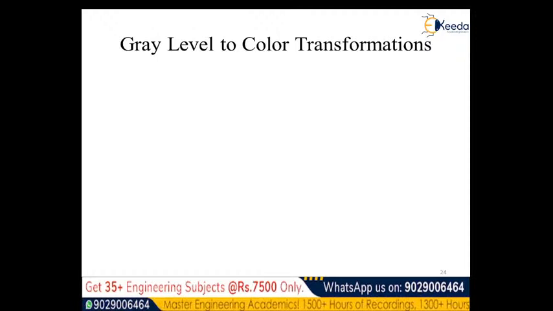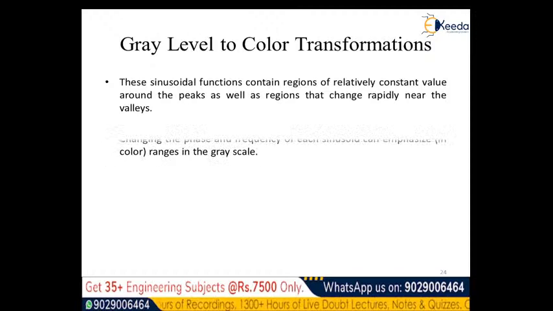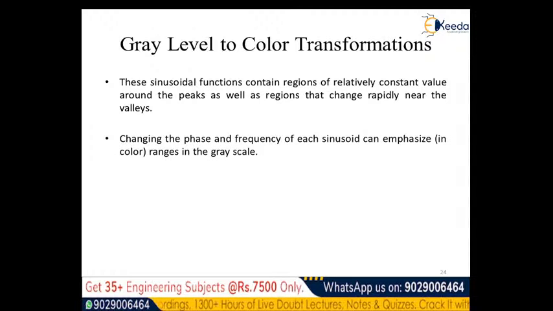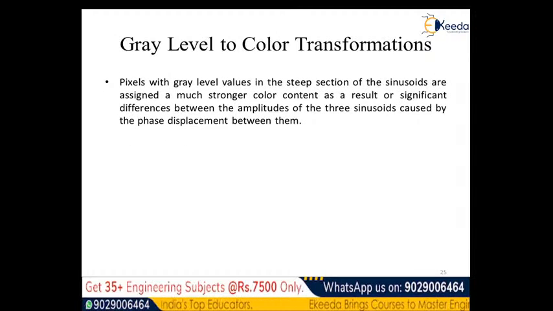Changing the phase and frequency of each sinusoid can emphasize color ranges in the grayscale. Pixels with gray level values in the steep section of the sinusoids are assigned a much stronger color content as a result of the significant differences between the amplitudes of the three sinusoids caused by the phase displacement between them.